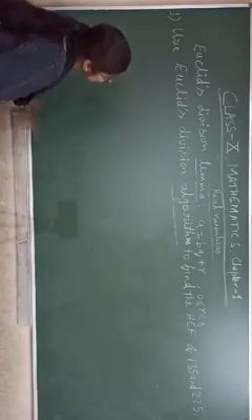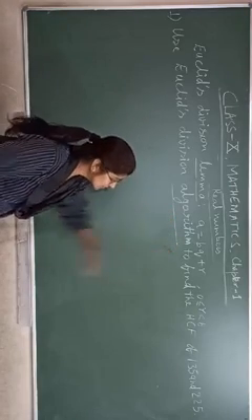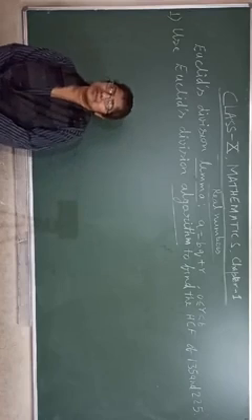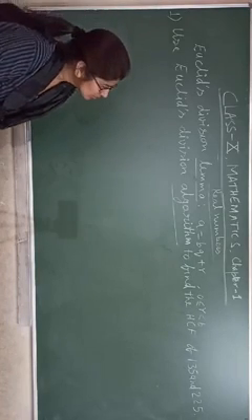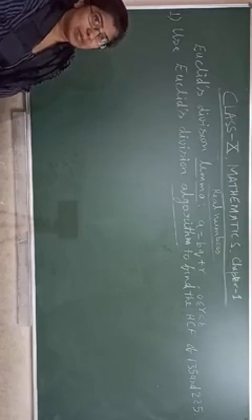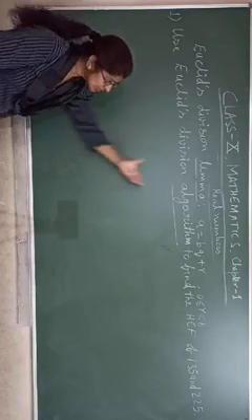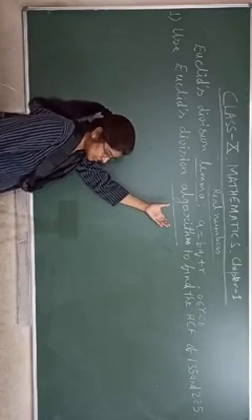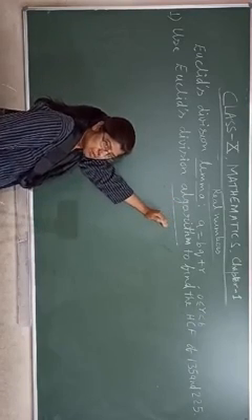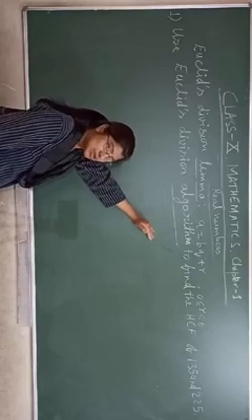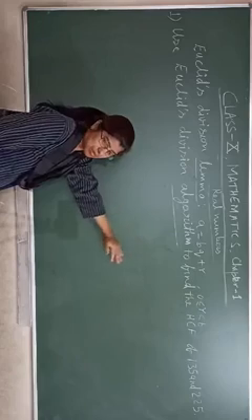The second word is algorithm. What is an algorithm? Algorithm means well-defined steps for solving any particular type of problem. It means the steps, the method given to us to solve a particular type of problem.